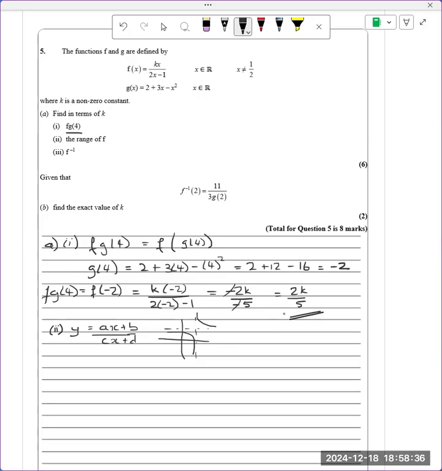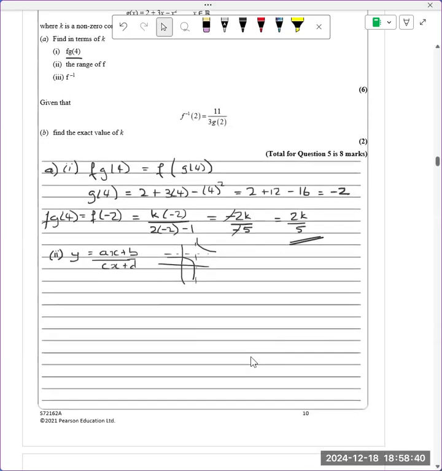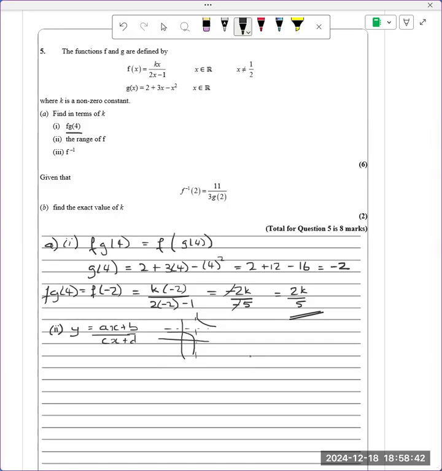The trick is working out where the asymptotes are going to be. The vertical asymptote comes from the denominator being 0, and the horizontal asymptote comes from considering either very large positive or very large negative values of x and thinking what would the effect of that be.